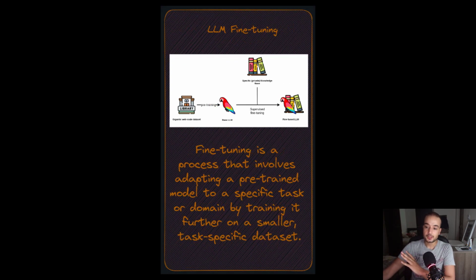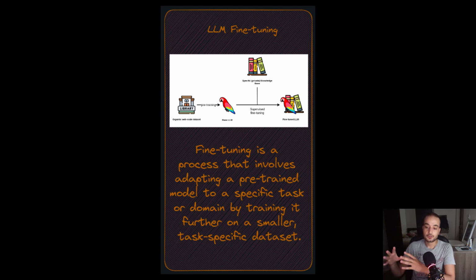The third way is fine-tuning, and it's the process of fine-tuning the large language model on a task-specific dataset. So for example, like in our task, we want it to generate tags for each Arabic quote.